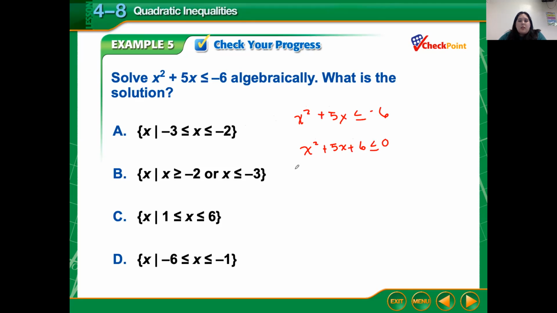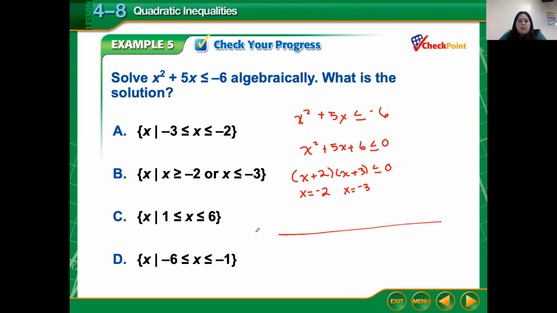We've actually factored this one earlier, and it ends up being x plus 2 and x plus 3. So I do know the roots are going to be x equals negative 2 and x equals negative 3.